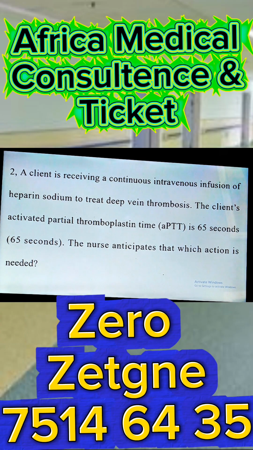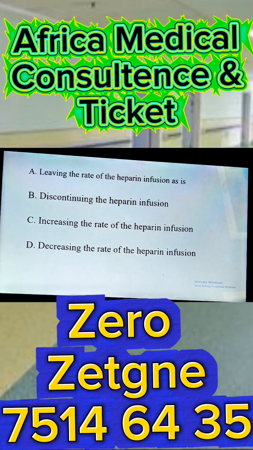The nurse anticipates which action is needed for the patient? A. Leaving the rate of heparin infusion as is. B. Discontinue the heparin infusion. C. Increase the rate of heparin infusion. D. Decrease the rate of heparin infusion.